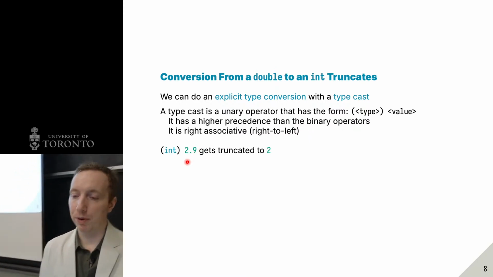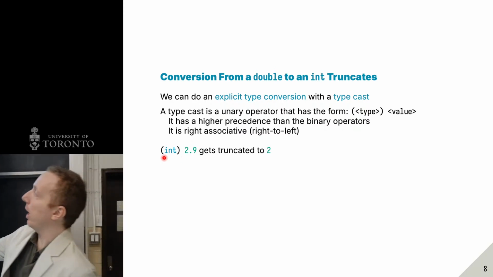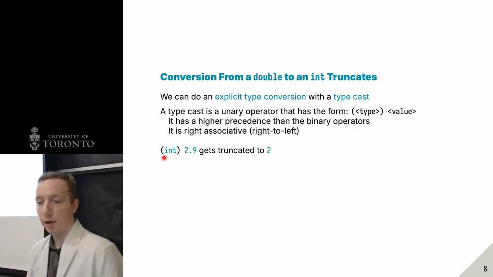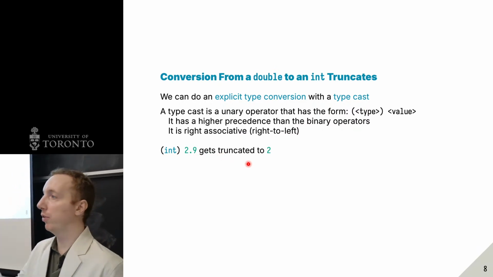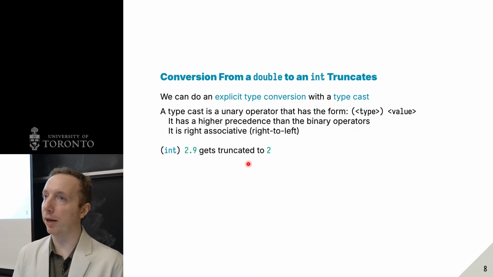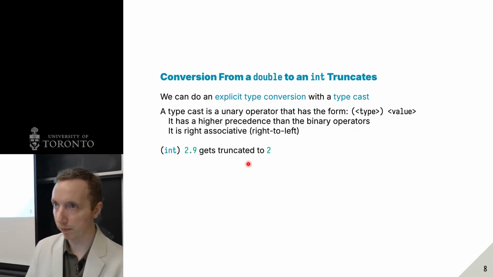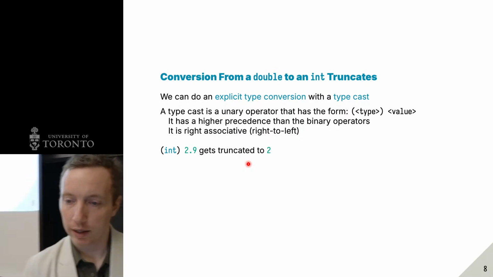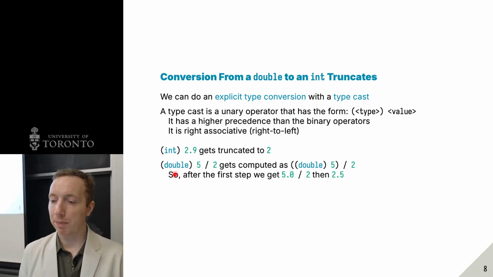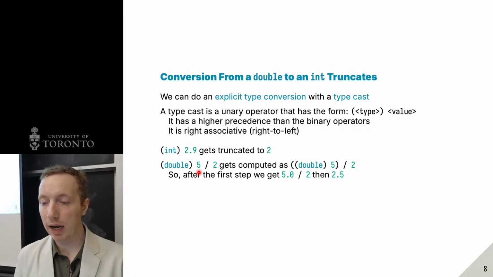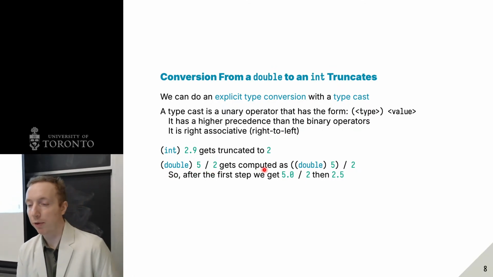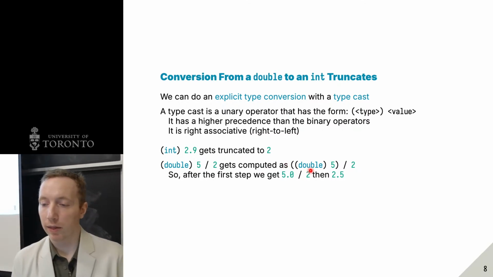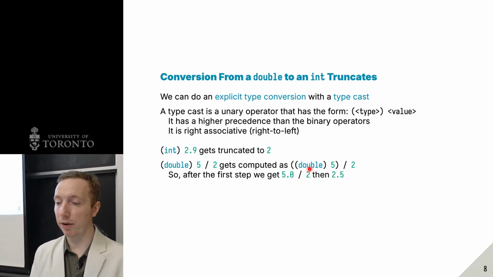So some examples: if I write parentheses int and then 2.9, that's going to get truncated just to 2. It's just going to lop off the decimal place to convert it to an integer. Everyone okay with that? Just like for division. Then if I write something like double 5 divide 2, this will get computed as if I put in explicit brackets. The typecast is done first.